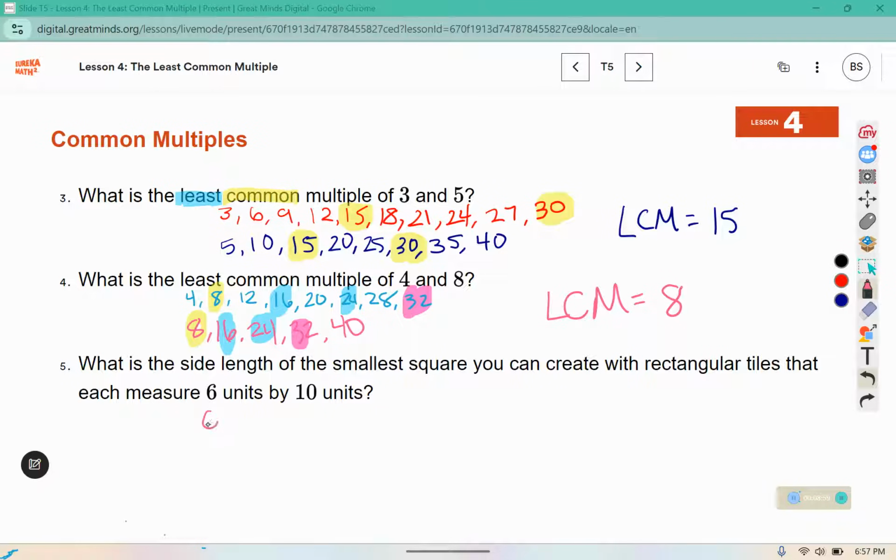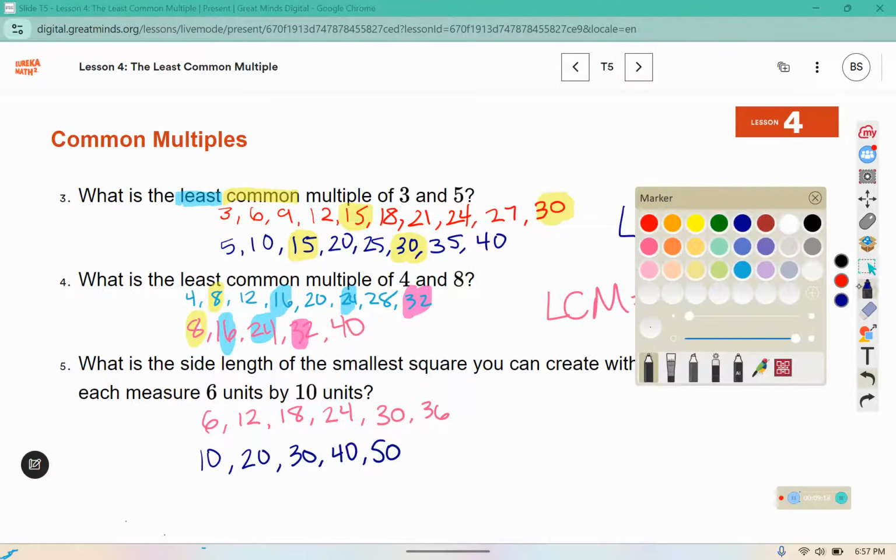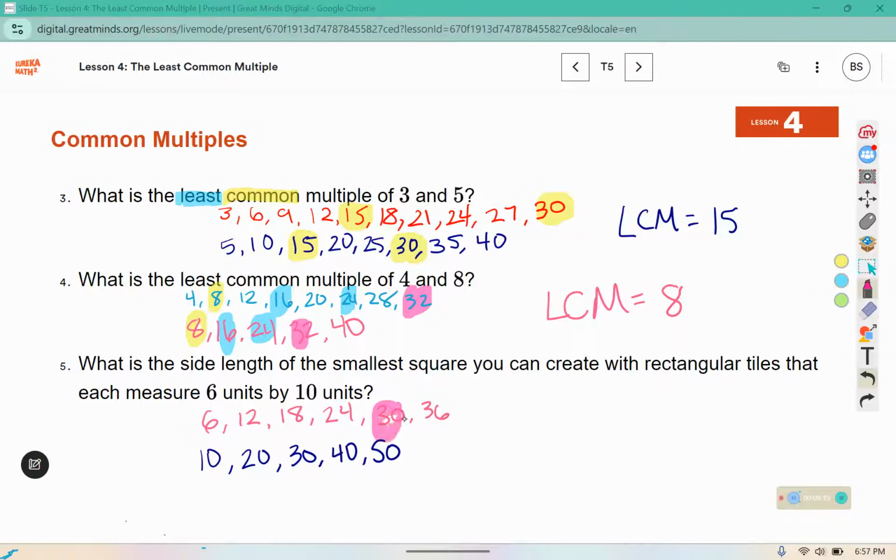So we are going to list out our multiples of 6. And our multiples of 10. And you can see here that our common multiple is 30.